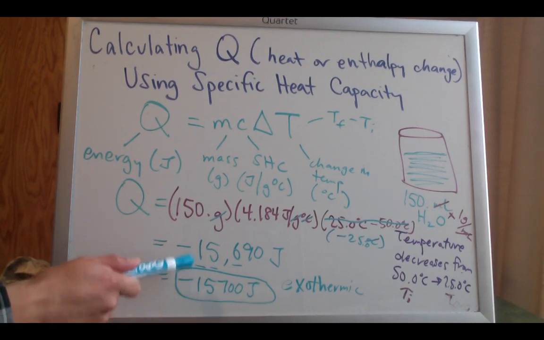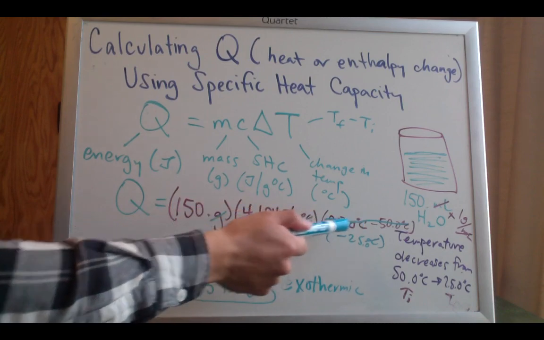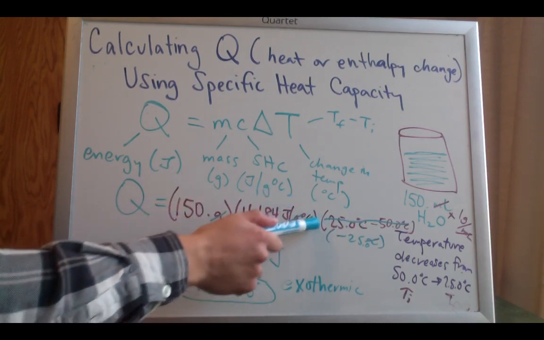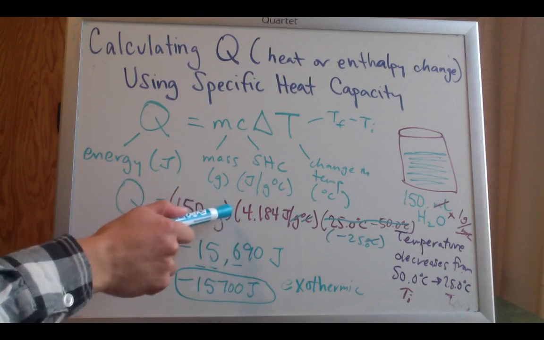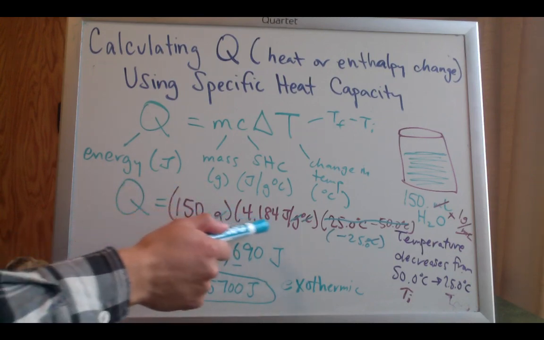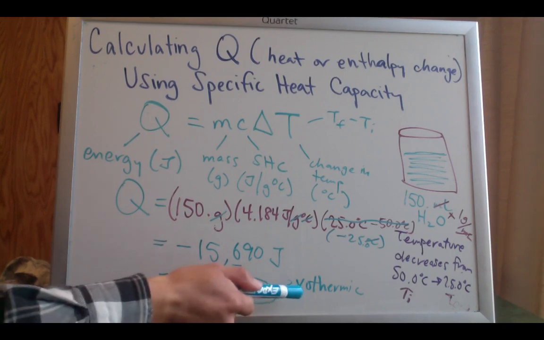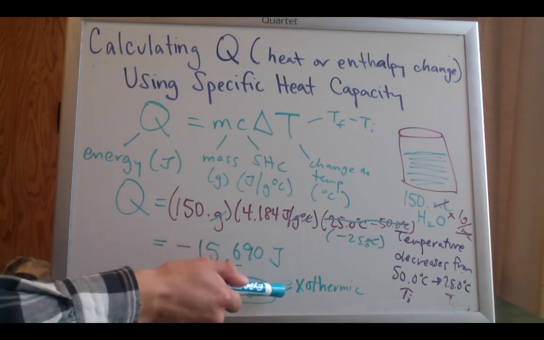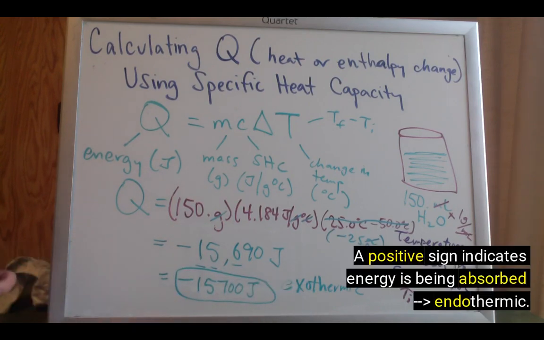So don't forget, plug and chug. Identify the variables, plug and chug them in, look up the value of the specific heat capacity based on the mass, the substance that you have here. You find that, and then do the math. And then don't forget, if the sign is negative, that means that heat or energy is being released from the system, so it's exothermic. If the sign is positive, it would be an endothermic process.